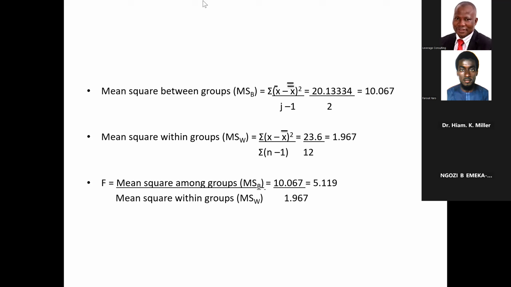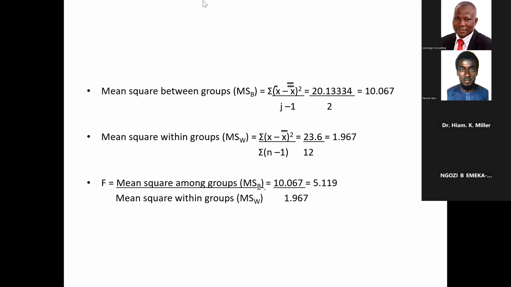I say sigma x bar minus x double bar square over j minus 1, everything all over sigma x minus x bar square over sigma n minus 1. These two lines, the first line, you put it over the second line. Imagine somebody wrote that type of equation. What does that mean? Very simple.